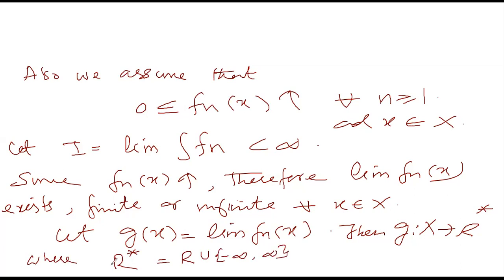It's called the extended real number system. Some values of g may be infinite, so that's why g is a function from X to R star.